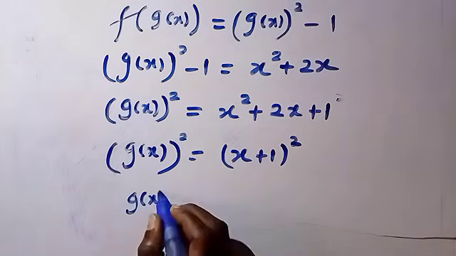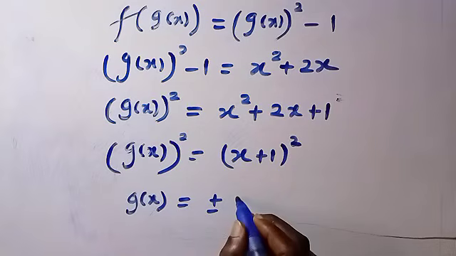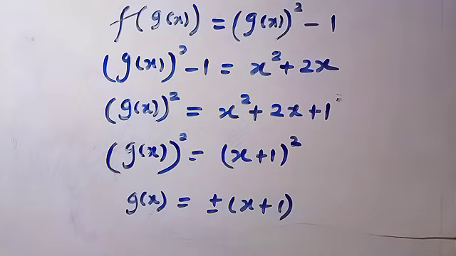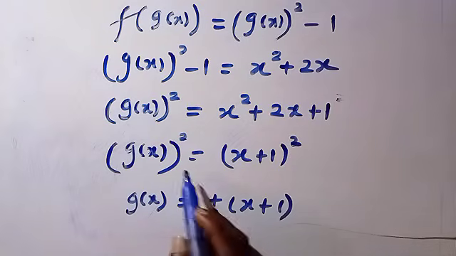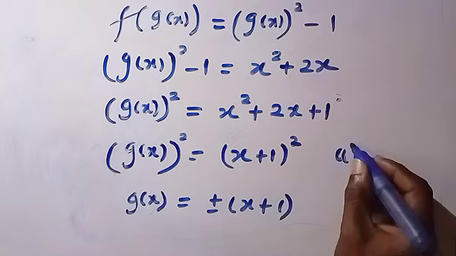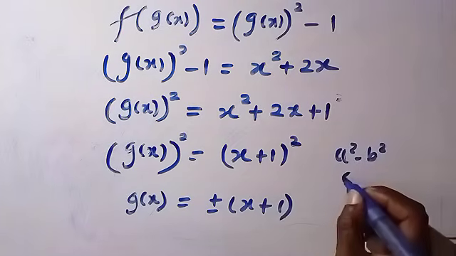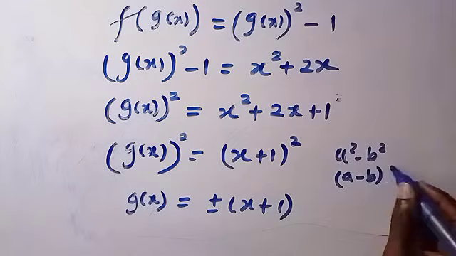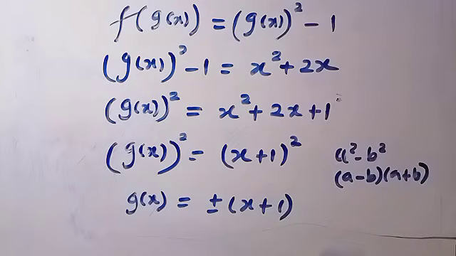So therefore, g of x equals plus or minus x plus 1. And there's another way of doing this to get that: taking this one here and following a squared minus b squared, which is a minus b multiplied by a plus b. So this is another beautiful way of looking for g of x using direct substitution.